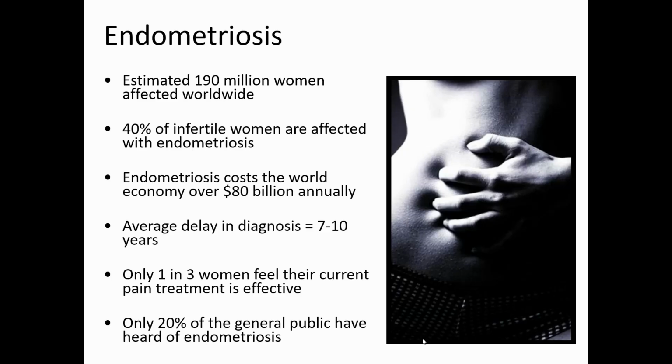It's treated oftentimes with hormonal management strategies. And because of this, only about 1 in 3 women feel that the treatment is effective. Precision medicine approaches to endometriosis are developing, but still have not reached the point at which the first choice is the right choice with respect to endometriosis management for a given patient.